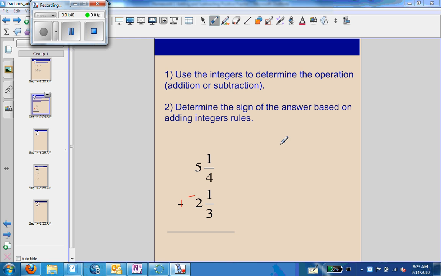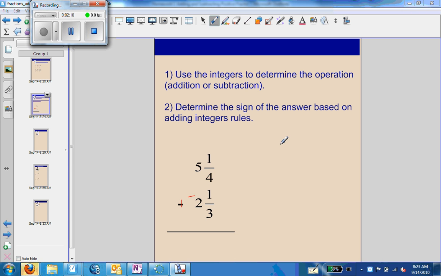It's not that the 2 is negative or the 1/3 is negative, it's the entire value. Because if you think about it as an improper fraction, that's really just 7/3, so it's negative 7/3. Only we leave it as a mixed number whenever we're dealing with addition and subtraction. So just think about it as the entire value, 2 1/3, is negative.